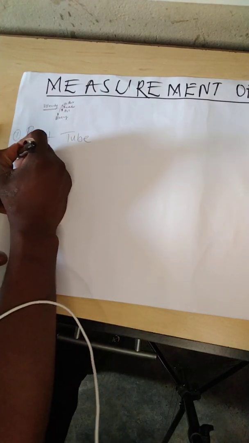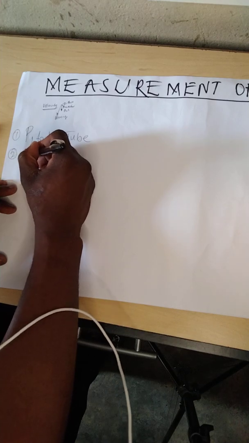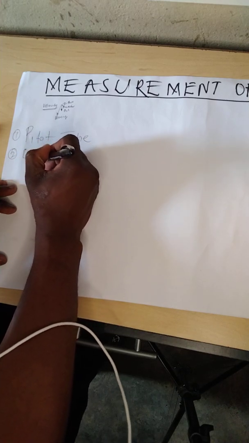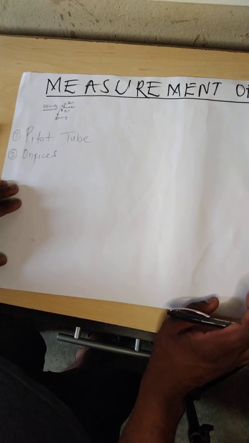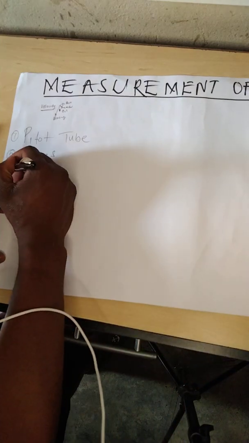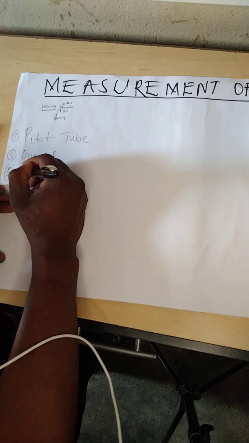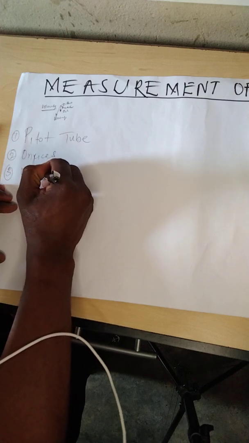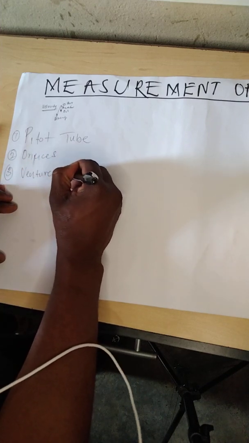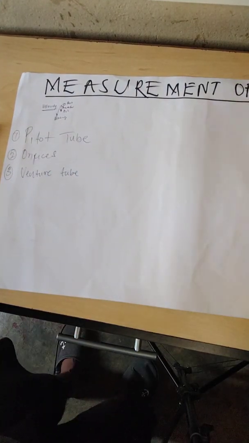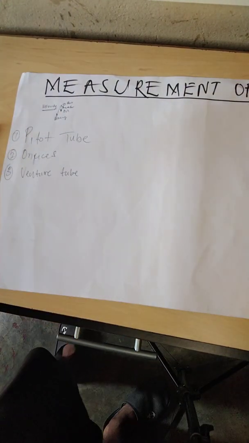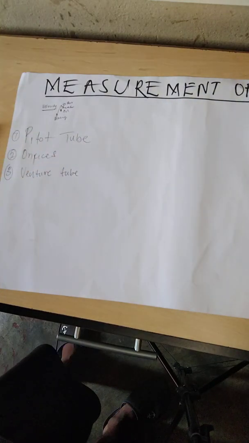The second one, we're going to work with the orifice, on how we calculate the flow on an orifice. And the third one is a venturi tube. So we have 3 types of measurement to measure fluid: pitot, orifice, and venturi tube.